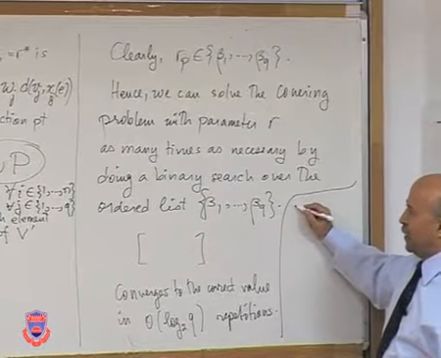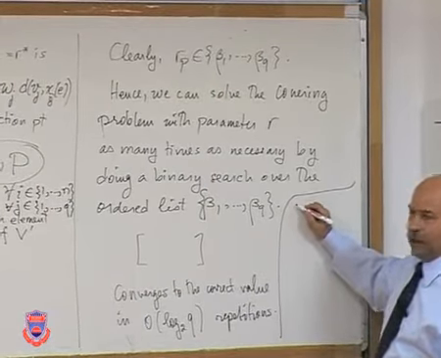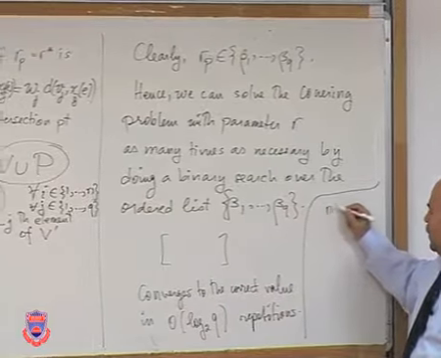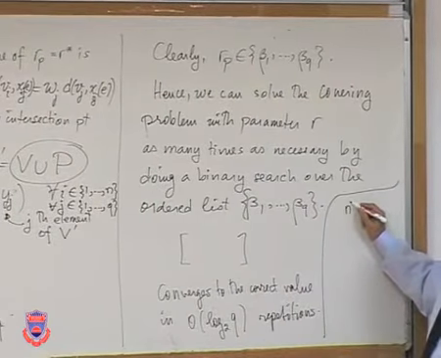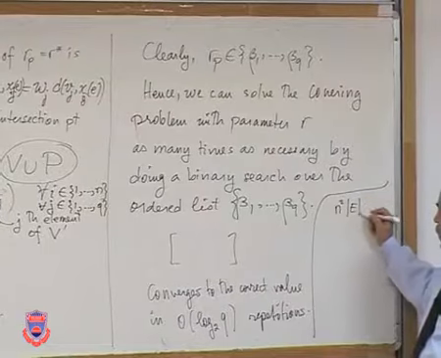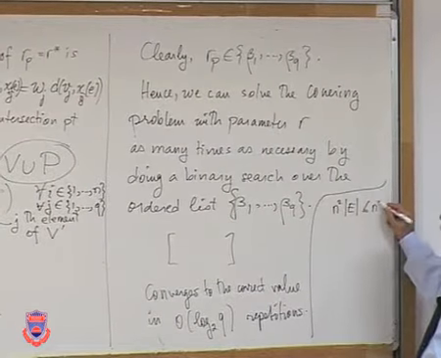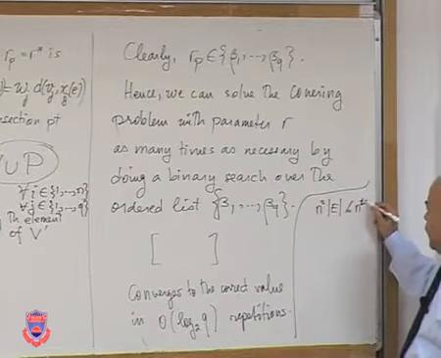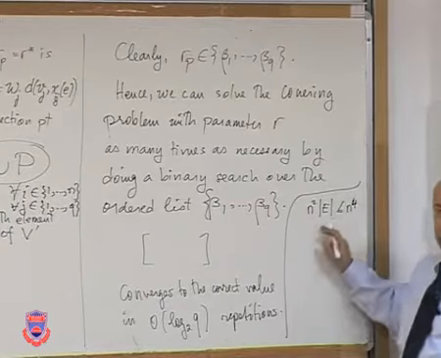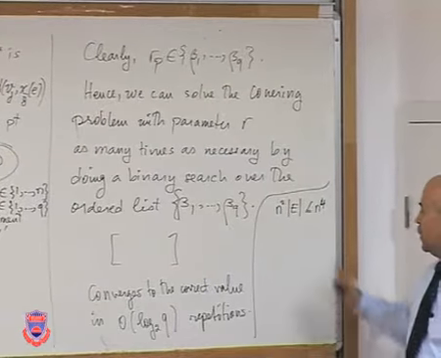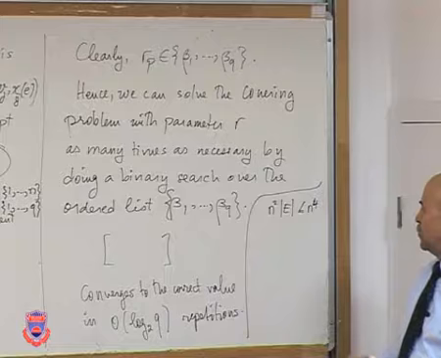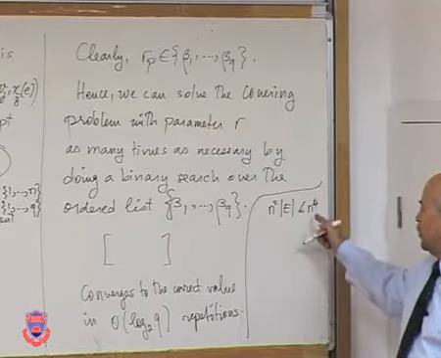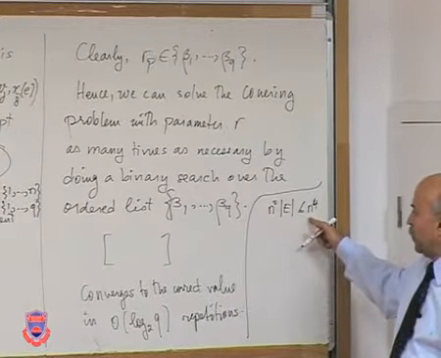Well, V has n elements. P has n squared times e elements, which is certainly less than or equal to n to the 4th, because the number of elements in the edge set could be as much as n squared. So this is less than or equal to n to the fourth.